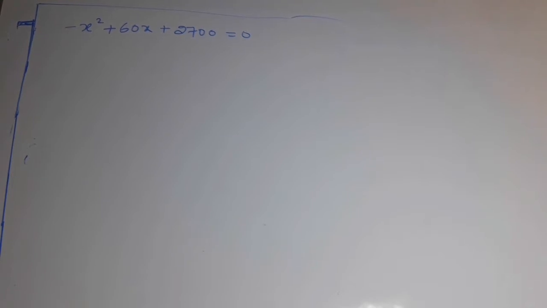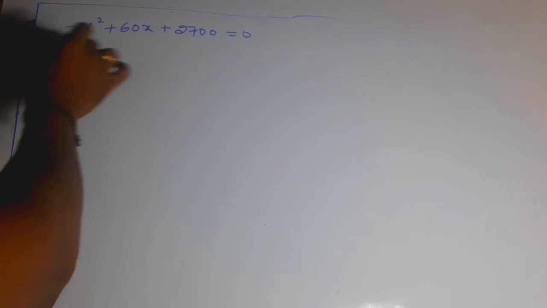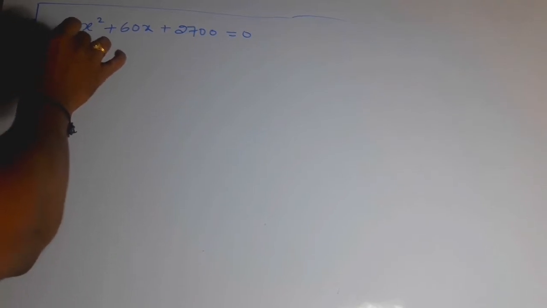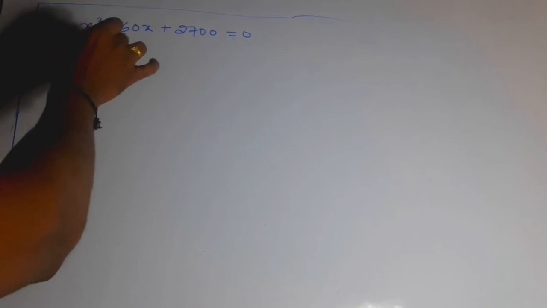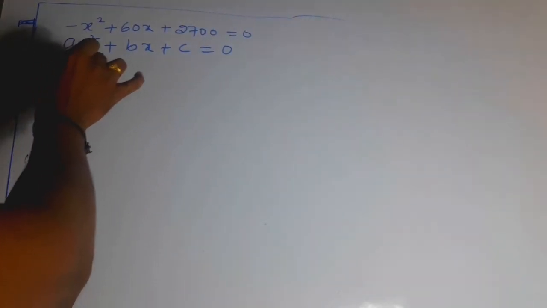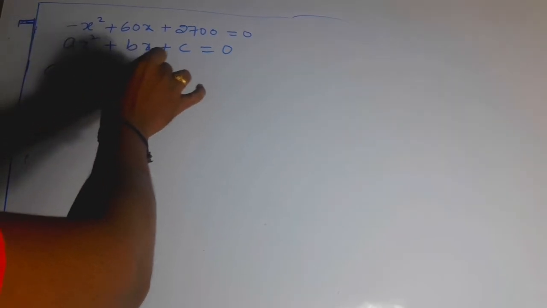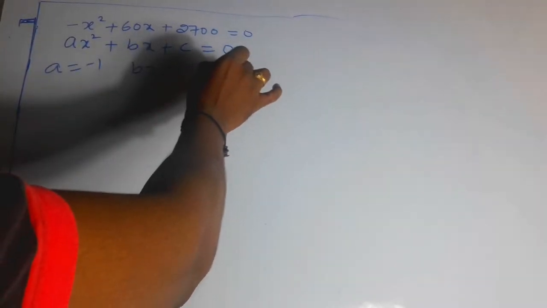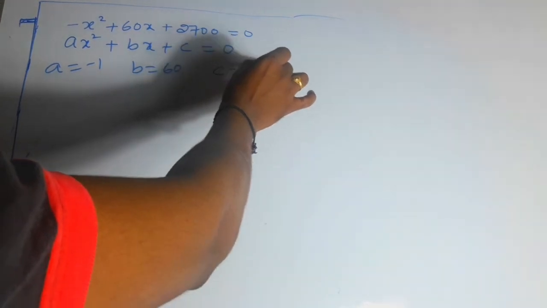So we have to find the roots. I am using the formula method, which is the best and simplest method to find the roots of a quadratic equation. It is in standard form, ax square plus bx plus c equal to 0. Here the value of a is minus 1, b is 60, and c is 2700.